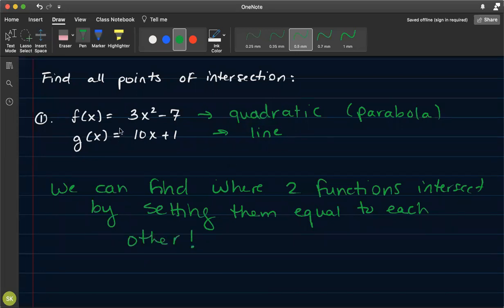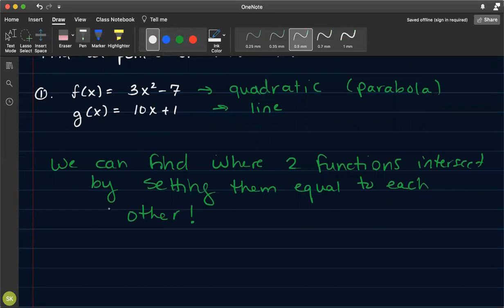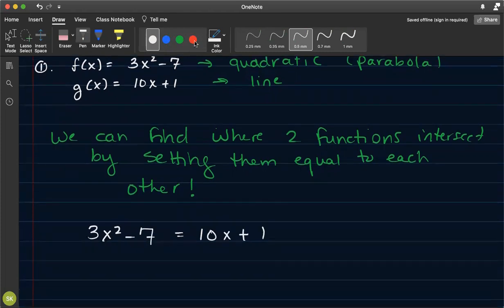Okay, so let's set these 2 equal to each other. We have that 3x squared minus 7 is equal to 10x plus 1. And now we solve for x.